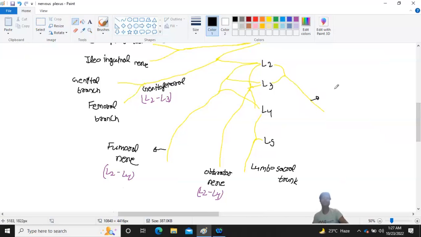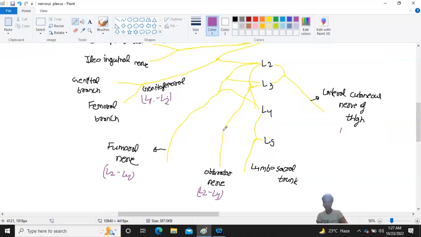Remember, these nerves are present on both sides, but we draw this side. Lateral cutaneous nerve of thigh. Then the values: genitofemoral value is L1, L2.